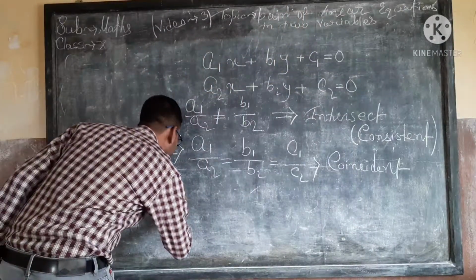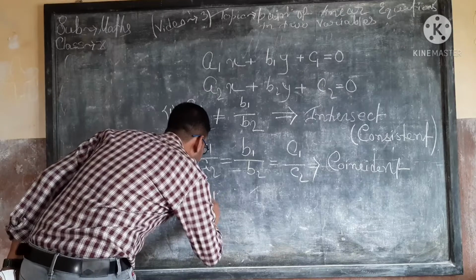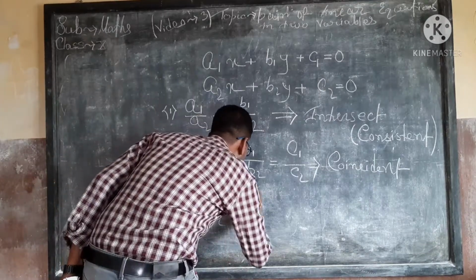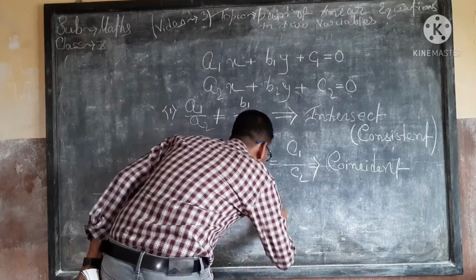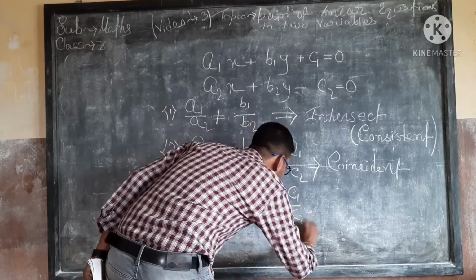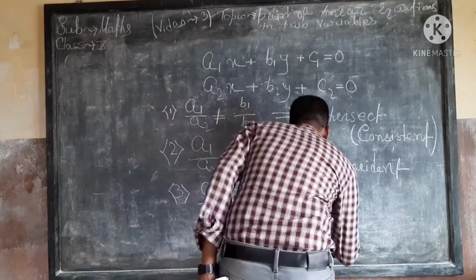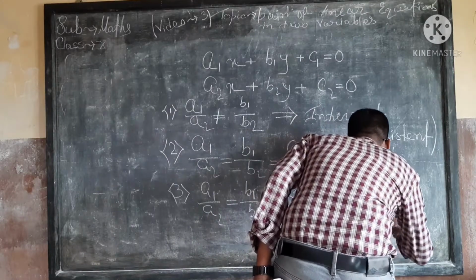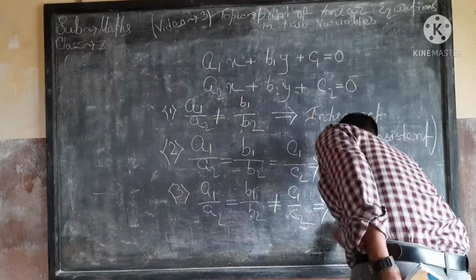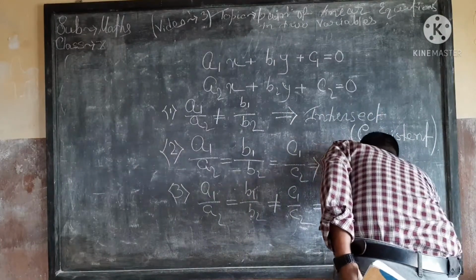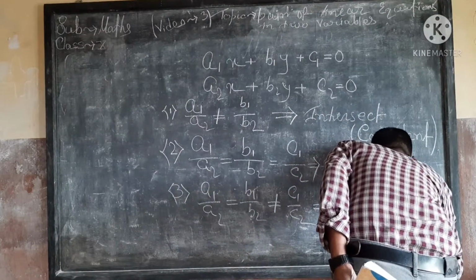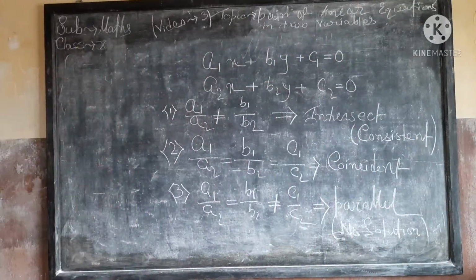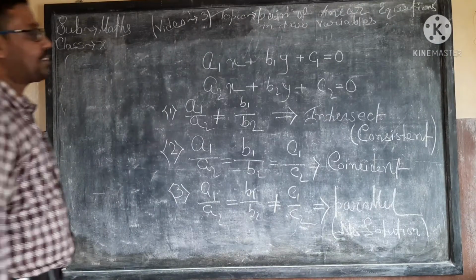And the third one: if A1 by A2 is equal to B1 by B2, but these two are not equal to C1 by C2, then these two straight lines are parallel to each other, there is no solution, and it satisfies the inconsistent criterion.